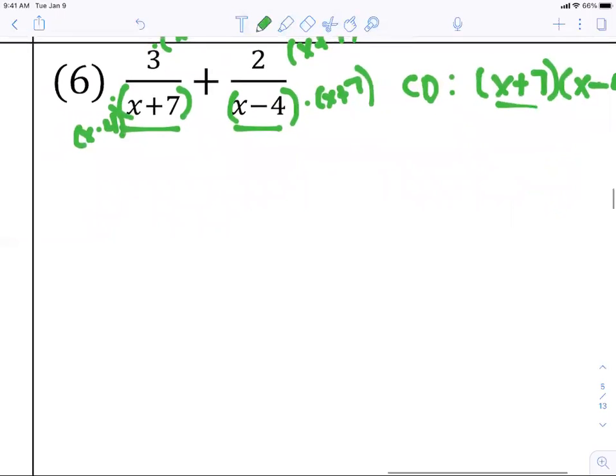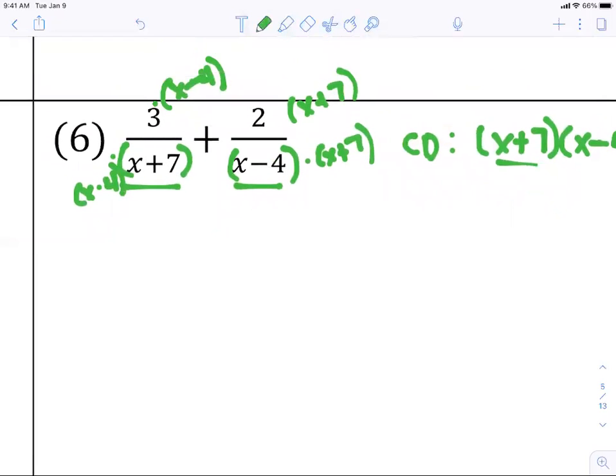Now, what that does is now that our denominators are the same, x minus 4 times x plus 7, x minus 4 times x plus 7, what you have now created are fractions with the same denominator. The first one has, technically, x minus 4 times x plus 7. It doesn't matter what order you write those in, so if you're a fan of writing things in order, go for it.